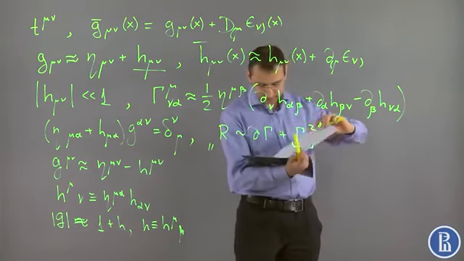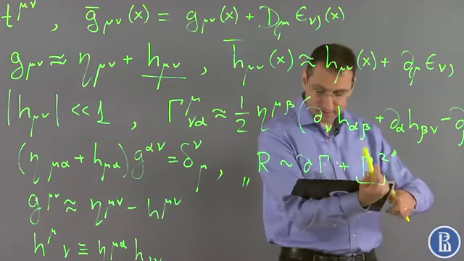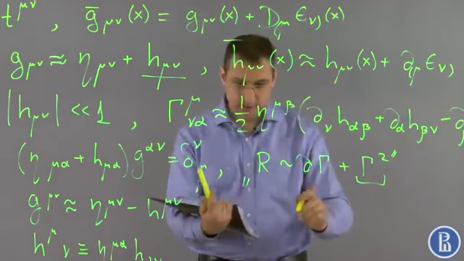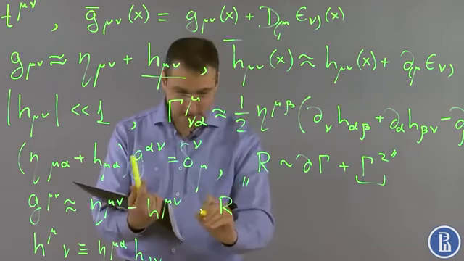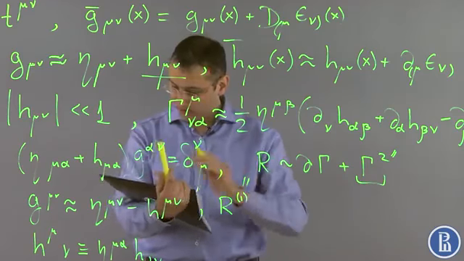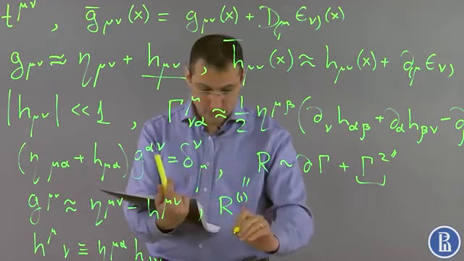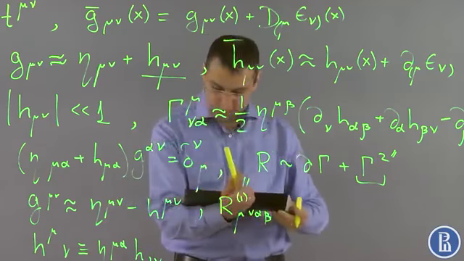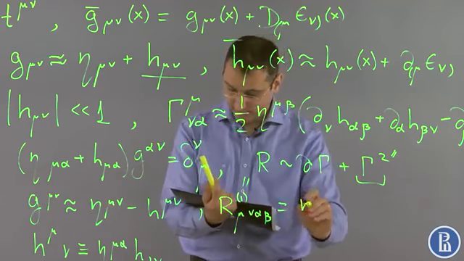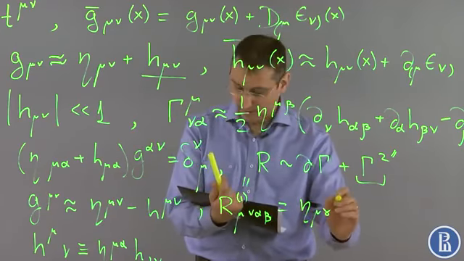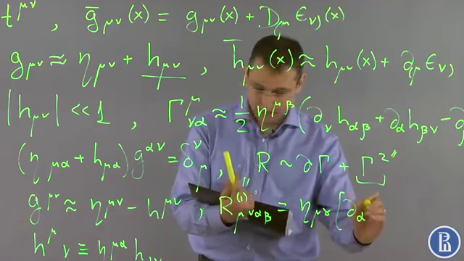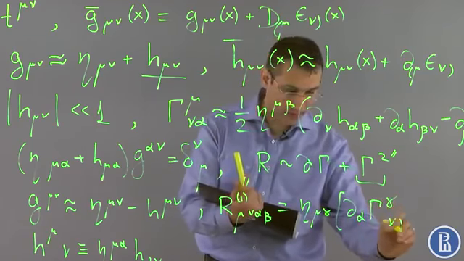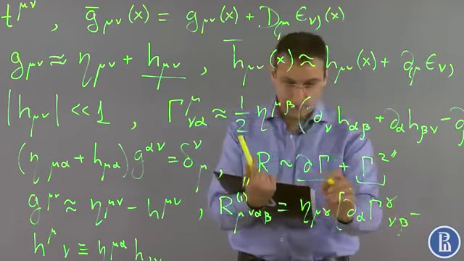As a result, the Riemann tensor in the linear approximation is as follows. R_{μναβ} is η_{μγ}(∂_α Γ^γ_{νβ} minus ∂_β Γ^γ_{να}), so we keep only these terms.